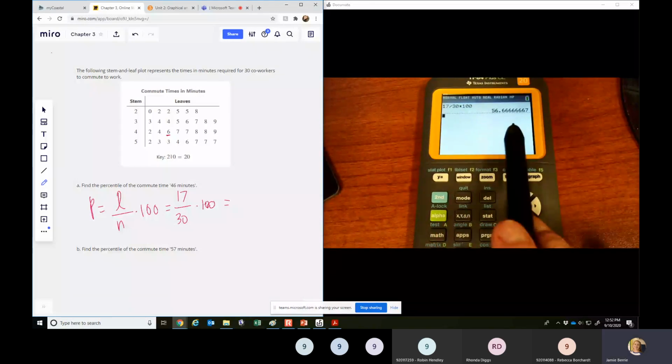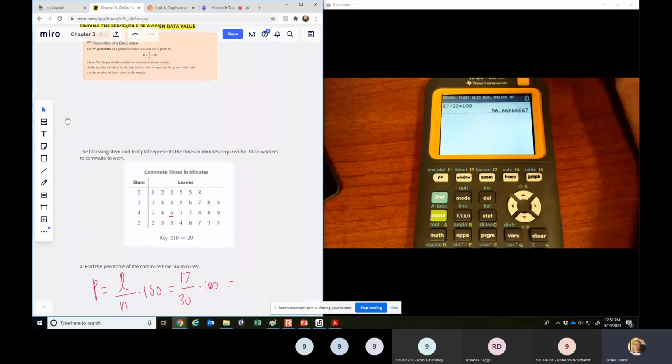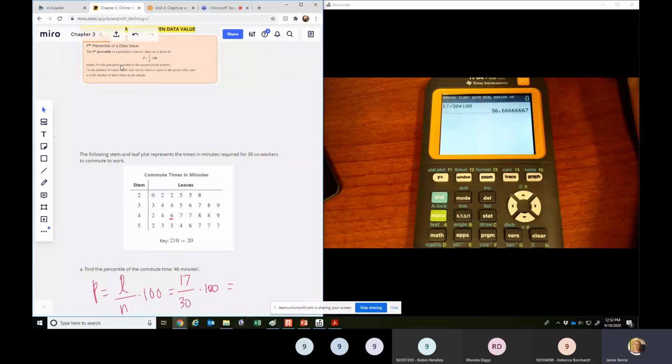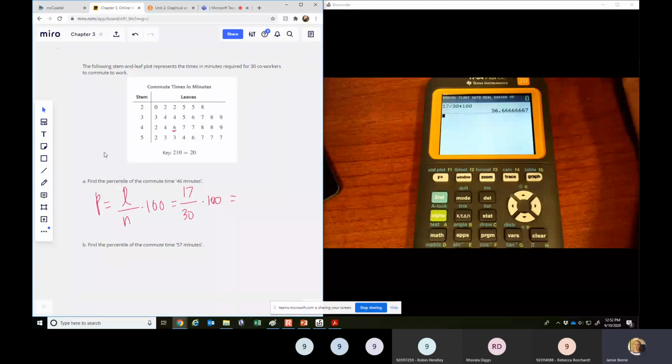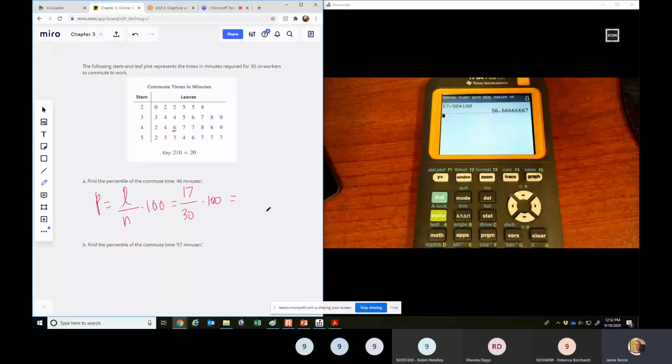All right, so 56.67. Let's see what they want us to round to. It says P is the percentile rounded to the nearest whole number. So this would be the 57th percentile. Right, so this would be the 57th percentile.